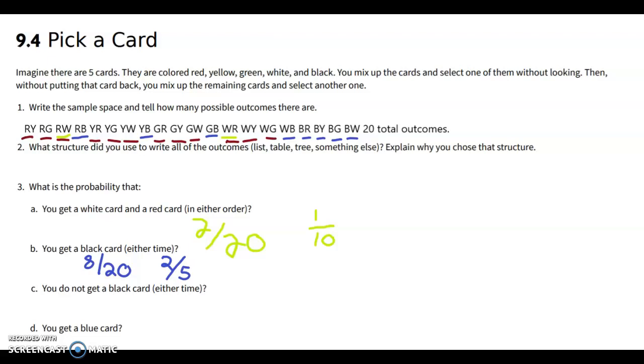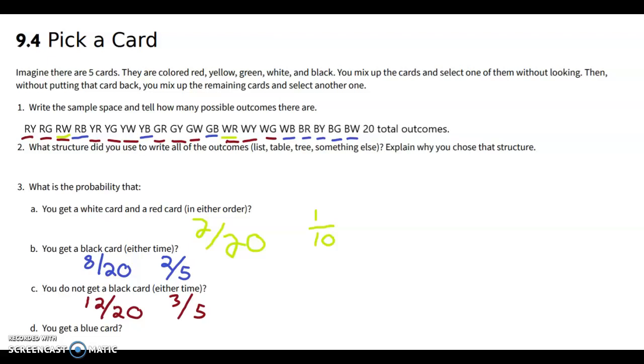So if we look at this, it's really just all the other answers, right? So instead of it being 8 out of 20 this time, we're going to be 12 out of 20. And once again, not simplest terms, so let's divide each one by 4. 12 divided by 4 is 3, and 20 divided by 4 is 5. So we have a 3 out of 5 chance of getting a combination without a black card.